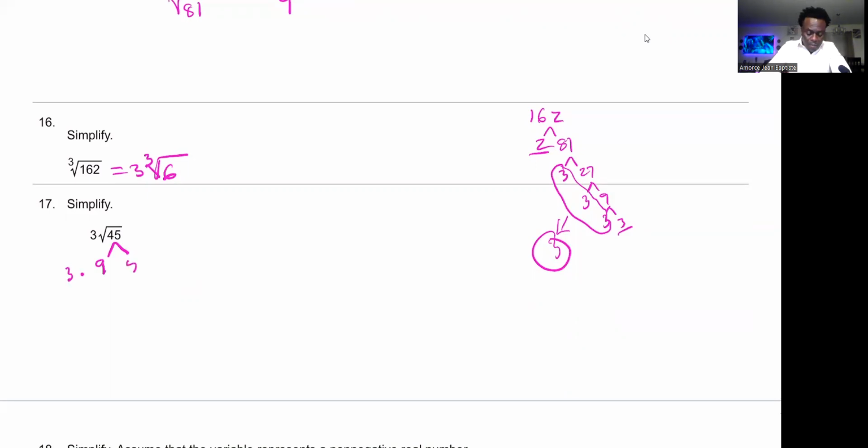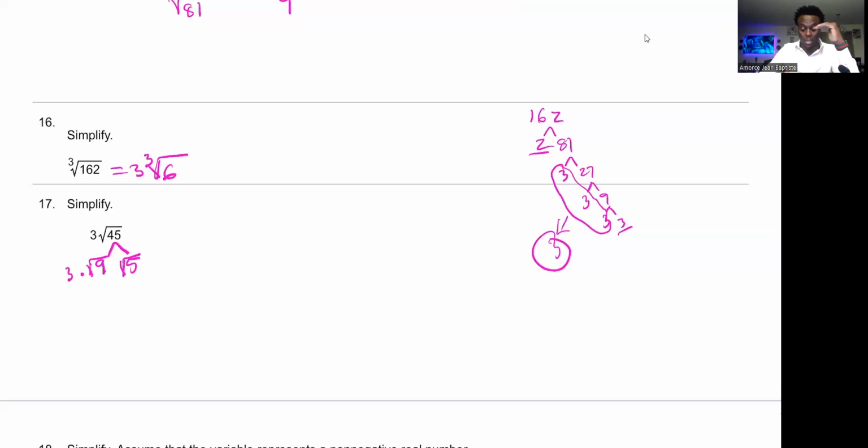And then 5. If I take the square root of this, I can't take the square root of 3 because 3 was not inside. But 9 times 5 is 45, and 45 was the radicand. You want to take the square root of both, otherwise it's not going to result in what you had prior to your process.